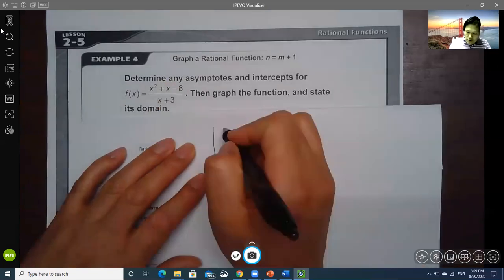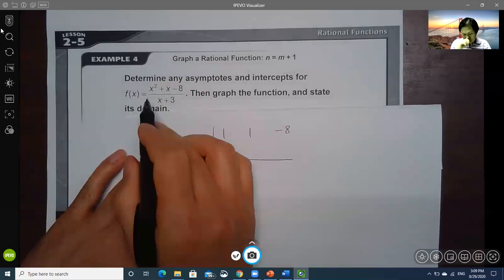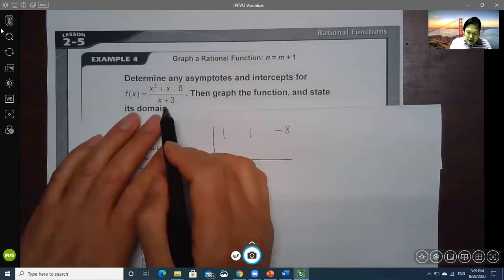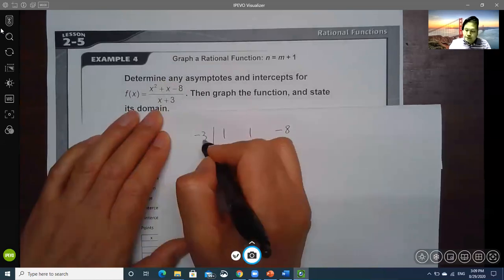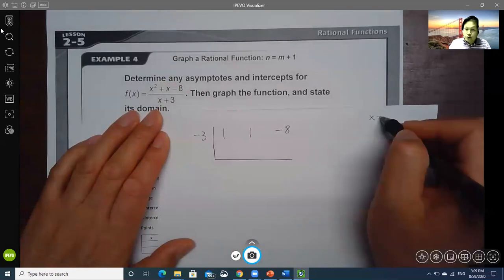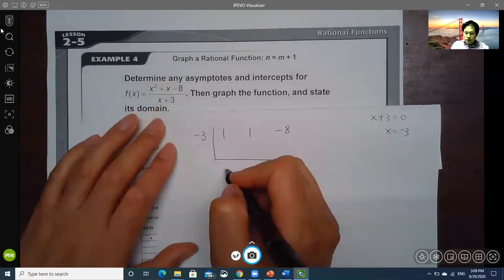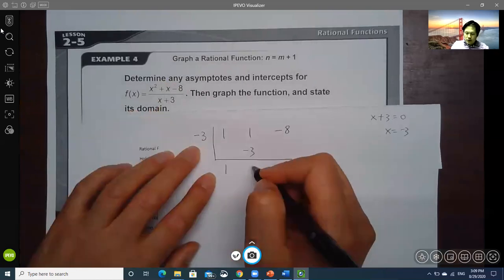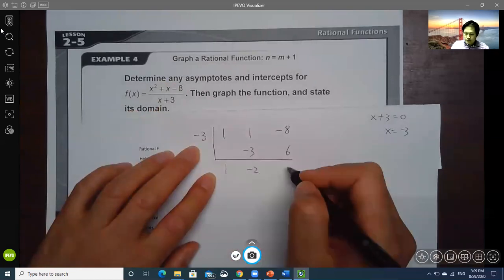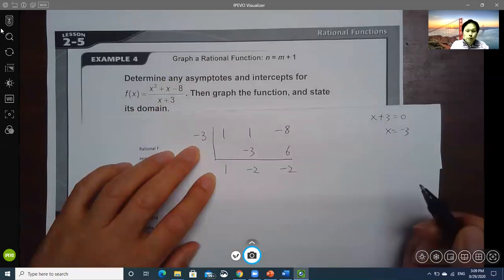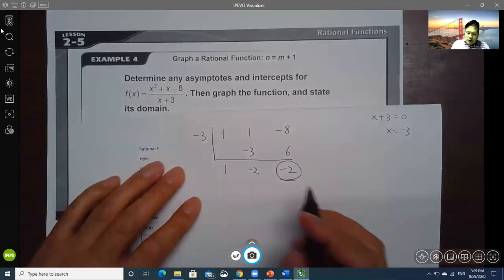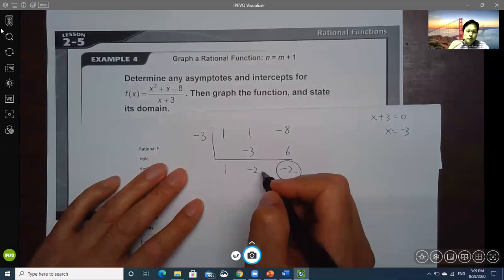1, 1, minus 8 for the numerator. And you need a minus 3, since for x plus 3 you let the denominator equal 0 and solve for x. Okay, synthetic division: multiply, add, multiply, add. So we got the remainder. Leave the rest as coefficients and throw x there.